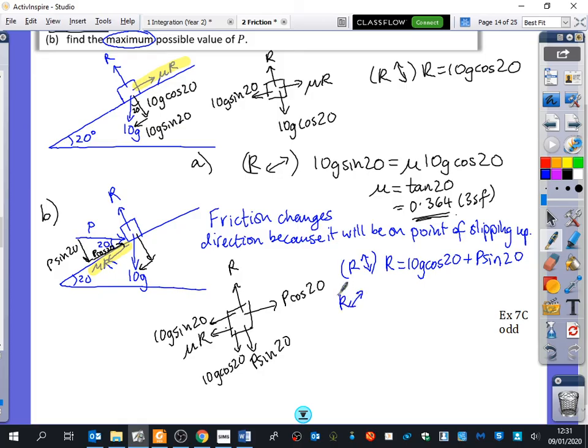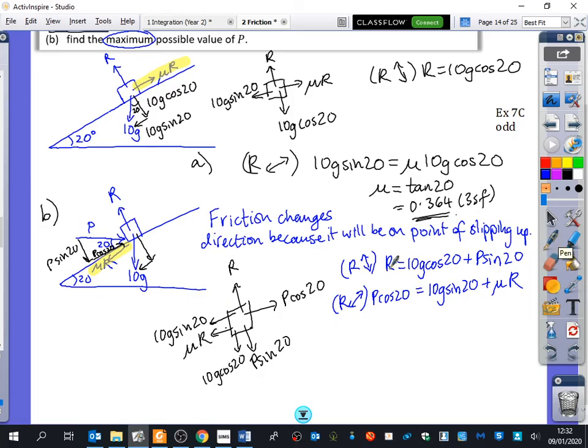If we resolve along the slope, we should get P cos 20 equals 10G sine 20 plus mu R. Will mu be the same as earlier on in the question, or will it have changed? It should be the same, because mu is dependent on the box and the surface. We've not switched to a new box or a new surface, so mu will remain tan 20, and tan 20 is an easier value to use there.